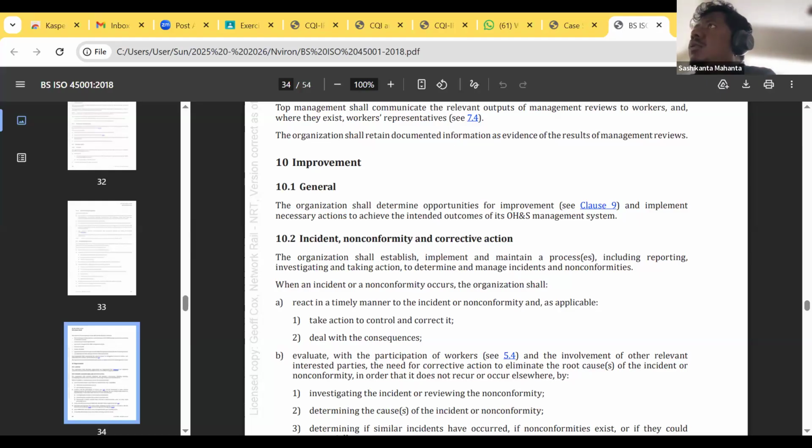Okay. Workers handling hot molds without wearing heat-resistant gloves despite existing PPE policy. So it should be around what clause is it?